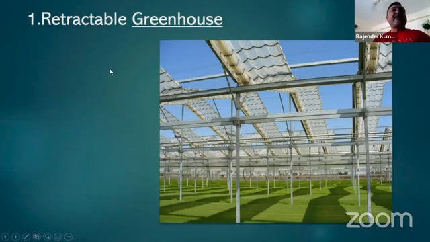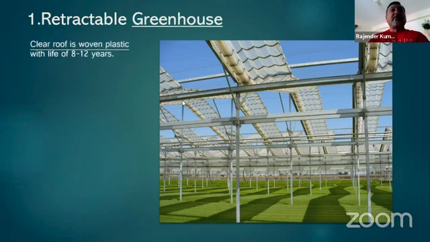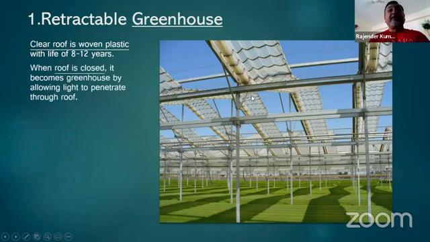Gutter house is the same as the edge rafter. So we call it a retractable greenhouse when we are putting up clear plastic over the top, normally to heat up the environment. If we are putting this project at a higher elevation, this plastic has a very good life. It may last up to 12 years or sometimes up to 15 years also.